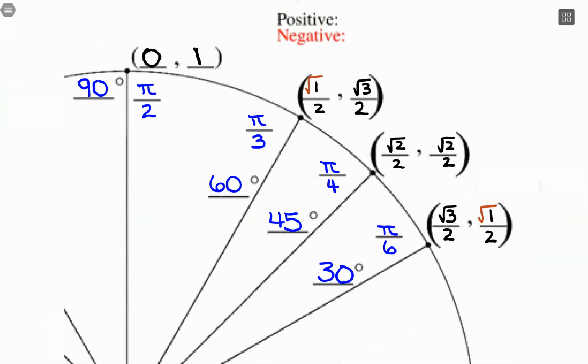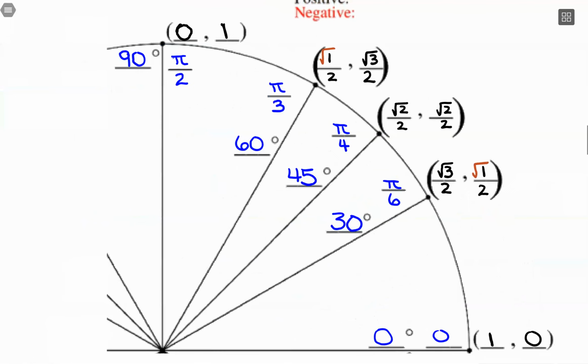What you can notice is for the x coordinates, we start at 1 and go down to 0. Then you can always fill in the denominators of 2. You can think of this as counting down. We start at square root of 3, then go to square root of 2, then square root of 1. And then y does the opposite, or you could think of it as counting up from 0 to 1.